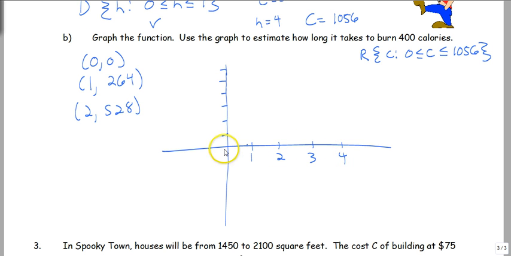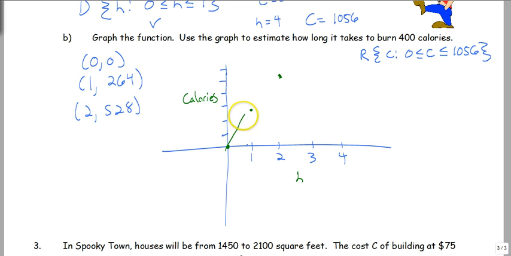So this is hours, and this is calories. I have 0, 0. I have 1, 264, which is about there, and 2, 528. And if I did it correctly, it should look like a straight line.